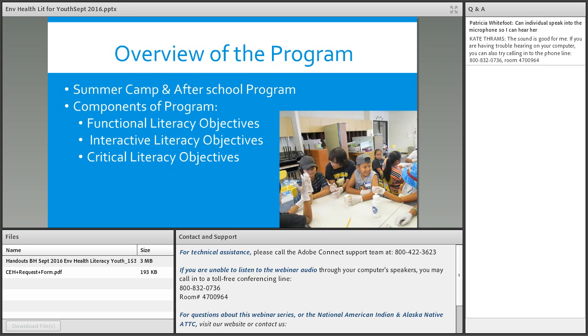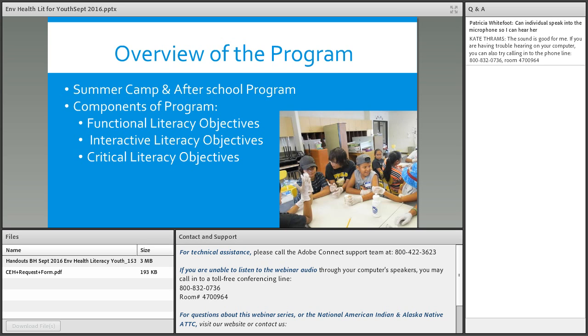And so what we decided to do is a summer camp and an after-school program. People were really excited about this idea of a summer camp. So the first thing we started out with was a pilot of the summer camp in 2015. As I mentioned, the components of the program had functional literacy objectives, and that's the basic knowledge that we wanted kids to get. We felt that they needed some basic understanding of water-related knowledge, and so some basic science literacy.